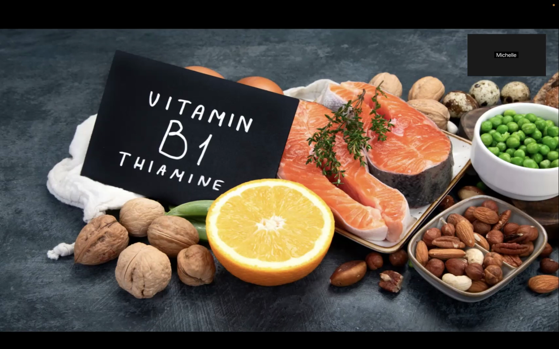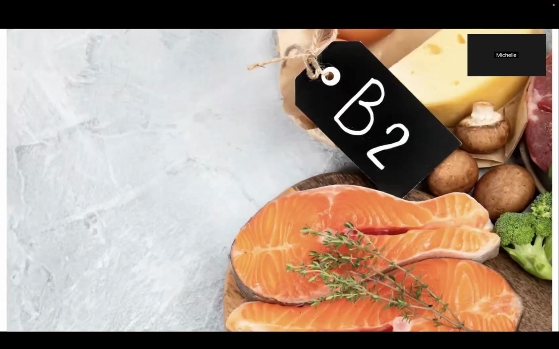Food sources include pork, liver, organ meat, legumes, whole grain, enriched cereals and breads, wheat germ, and potatoes. RDA for men is 1.2 milligrams per day and women is 1.1 milligrams per day. Deficiency disease is beriberi. Symptoms include enlarged heart, cardiac failure, muscle weakness, etc. And that's that.